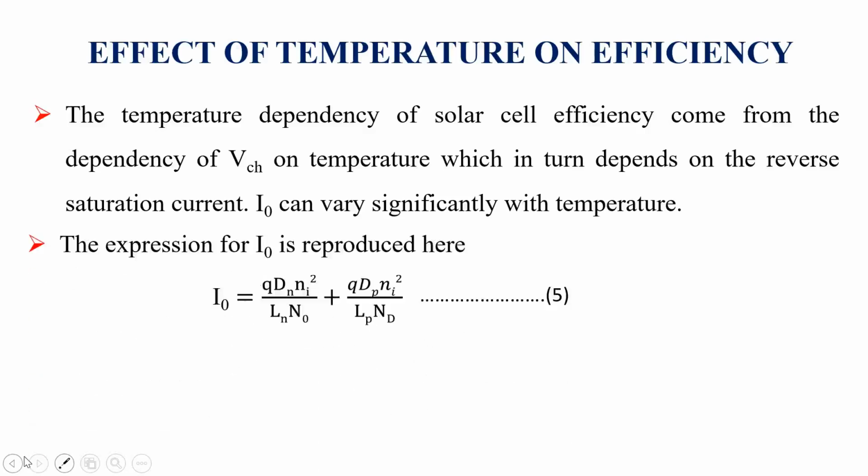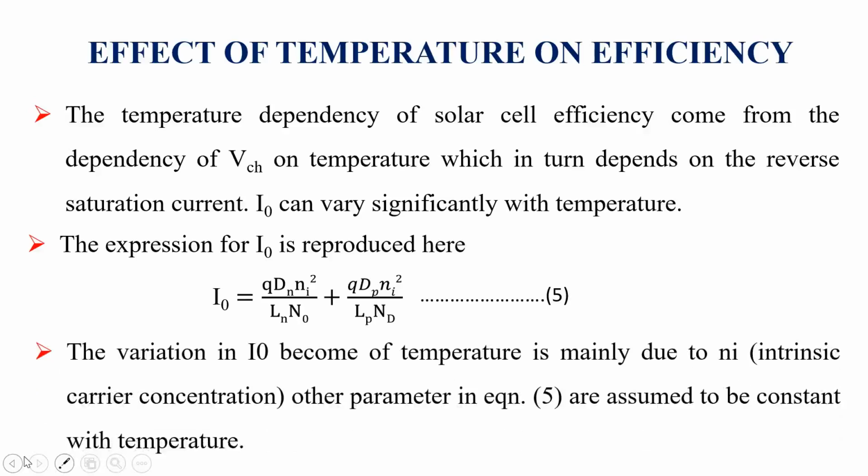The expression for I_0 is reproduced here: I_0 is equal to q D_n n_i squared upon L_n N_A plus q D_p n_i squared upon L_p N_D. That is equation number 5.